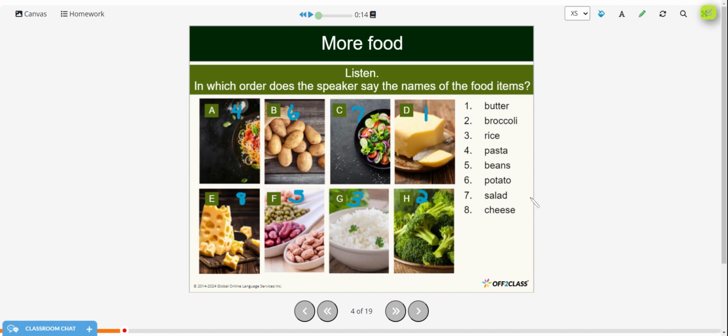All right, so this time I'll actually write the numbers of the order in which they said these.